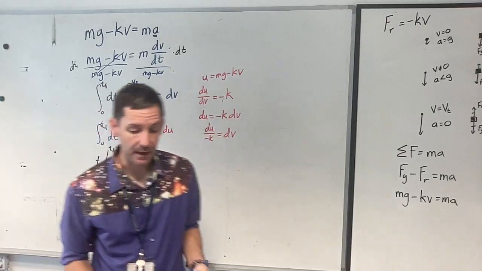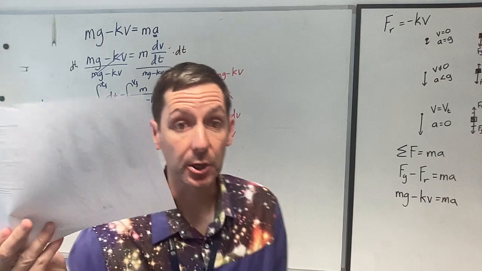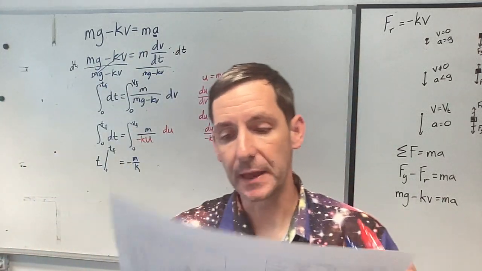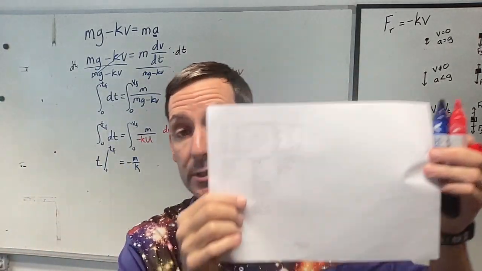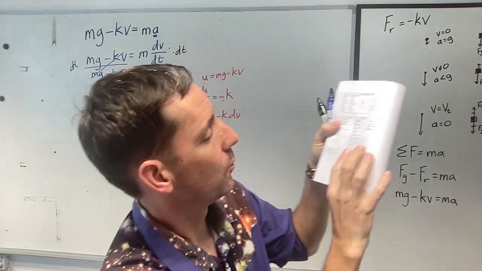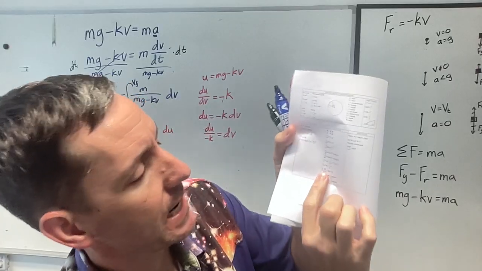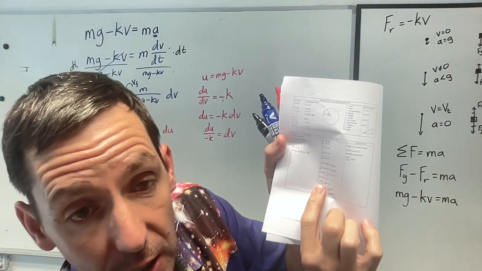Now, if you don't know what that is, that's okay. You just look it up on your AP equation sheet. They don't expect you to memorize all those integrals. They are right here. And you should be able to find right here dx over x plus a.